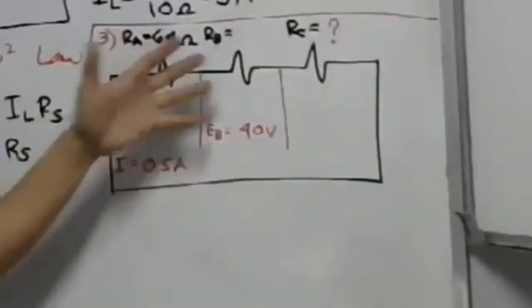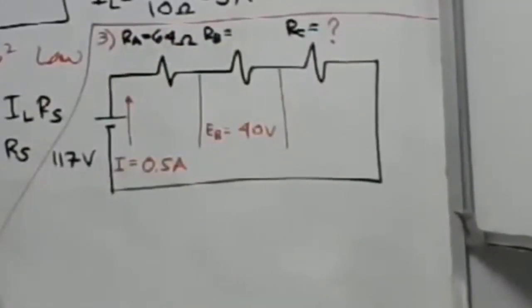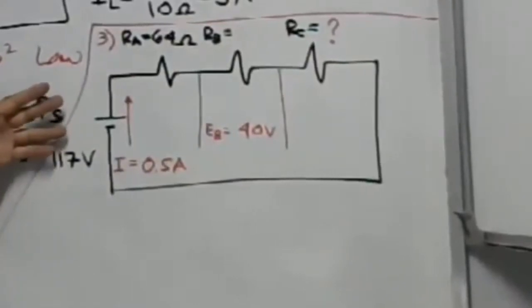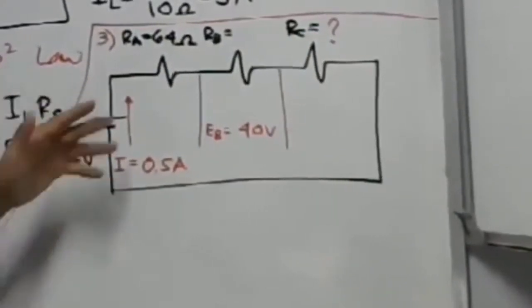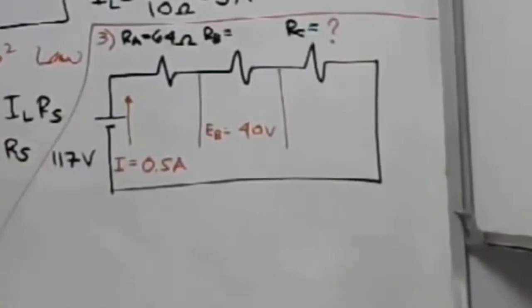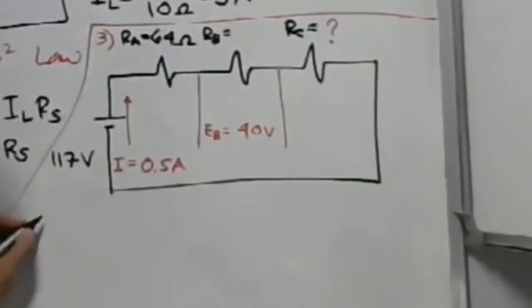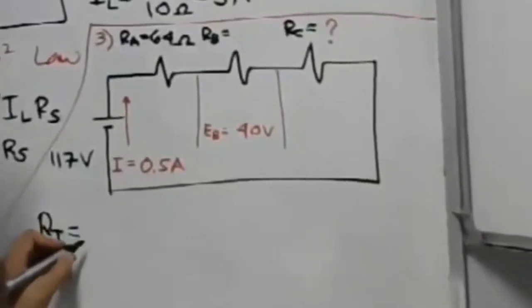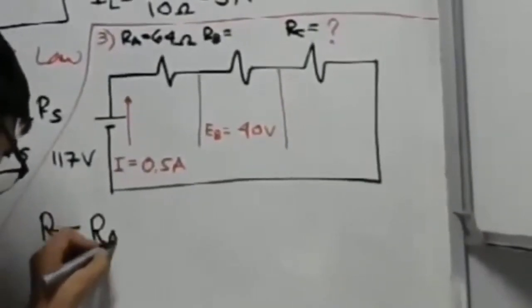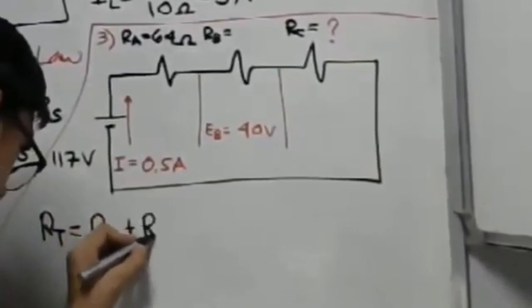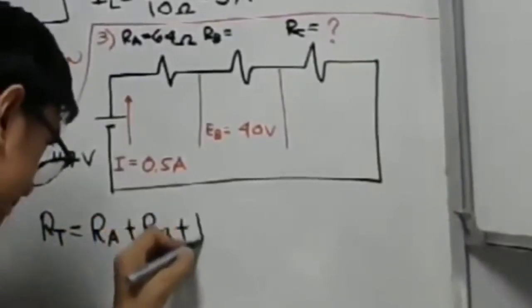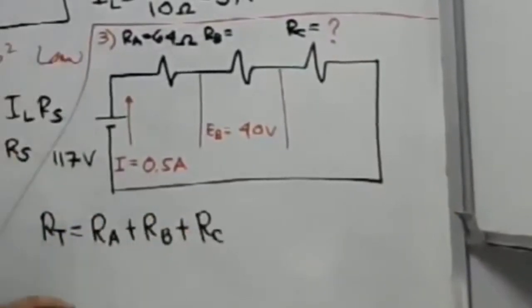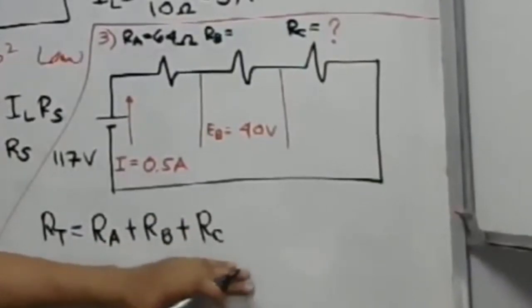In our figure, we can get the value of our total resistance. Our working formula will be: the total resistance is simply equal to RA plus RB plus RC. That is our working formula.